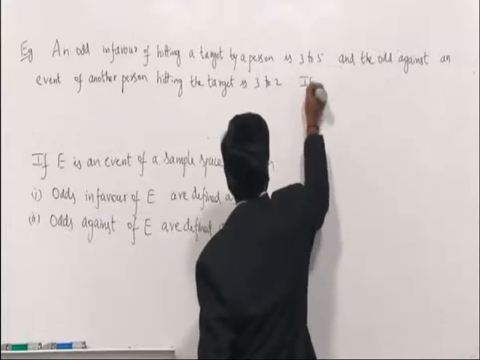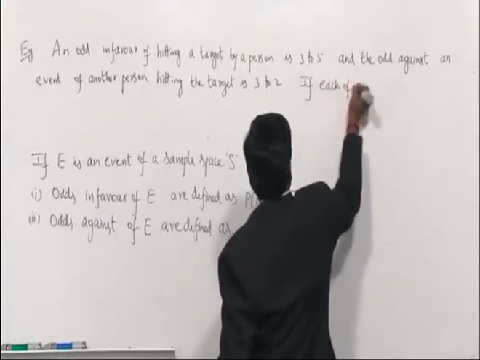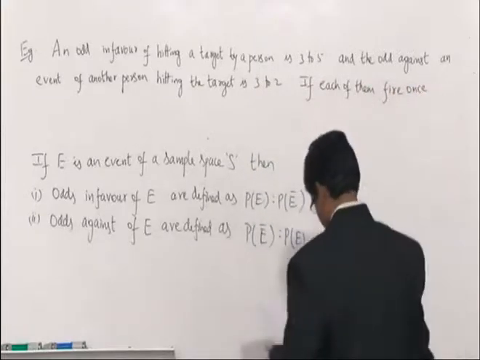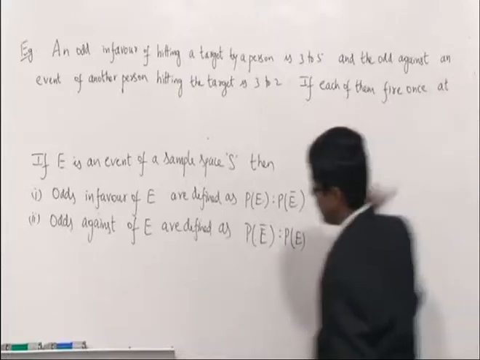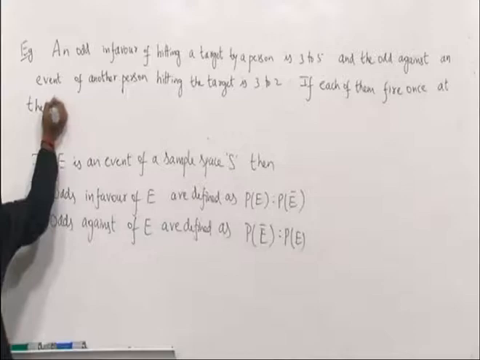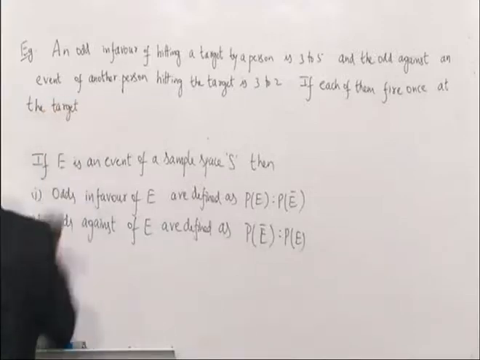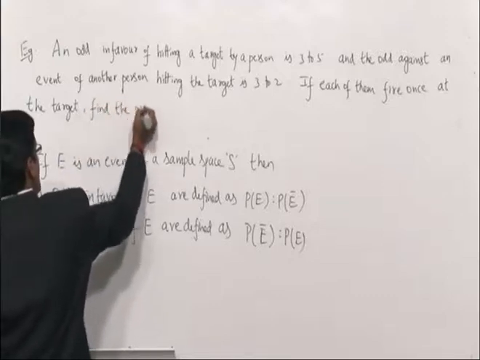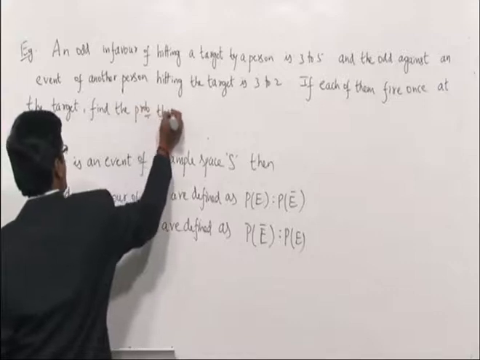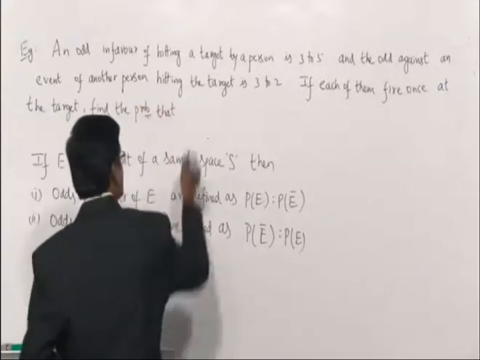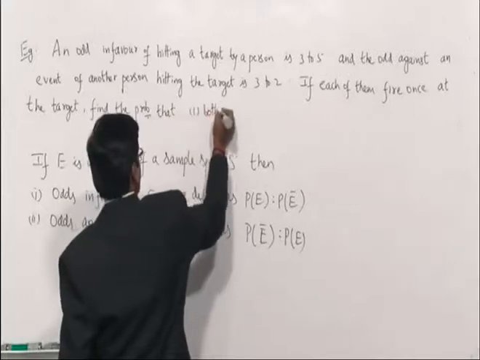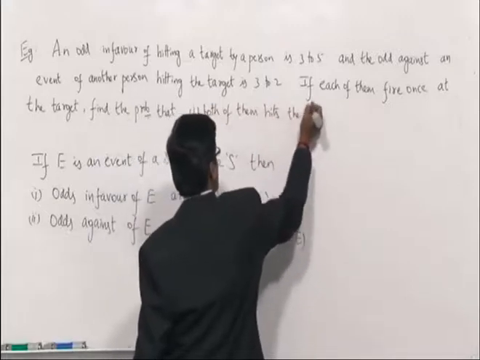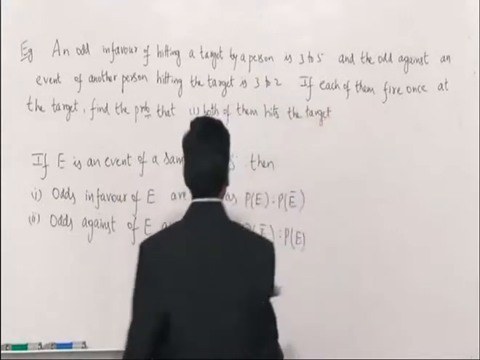If each of them fires once at the target, find the probability that one, both of them hit the target.